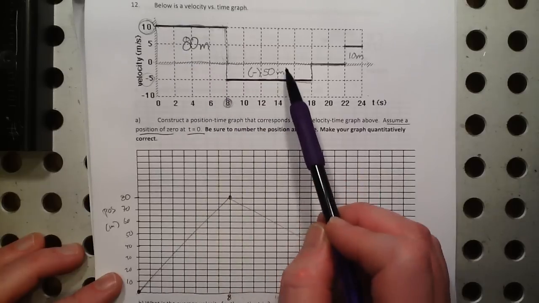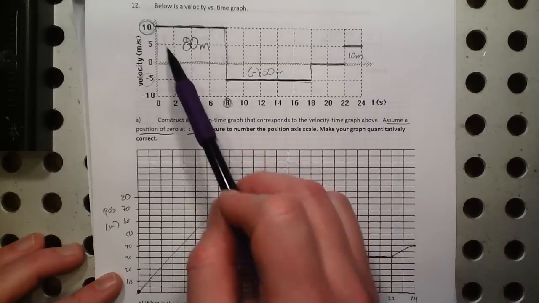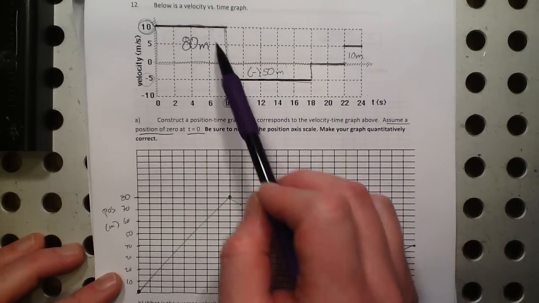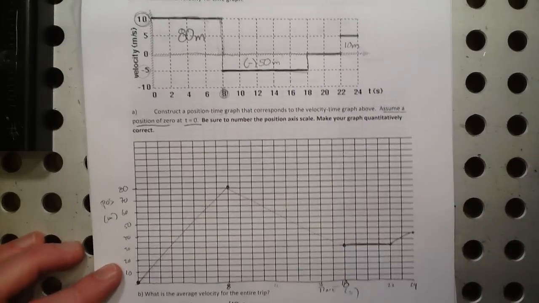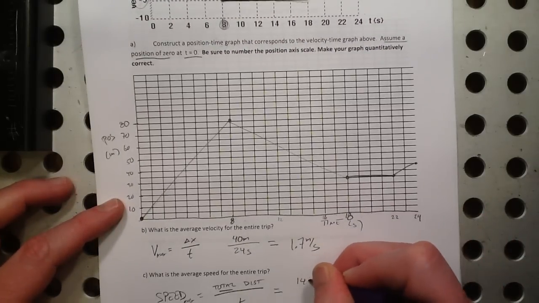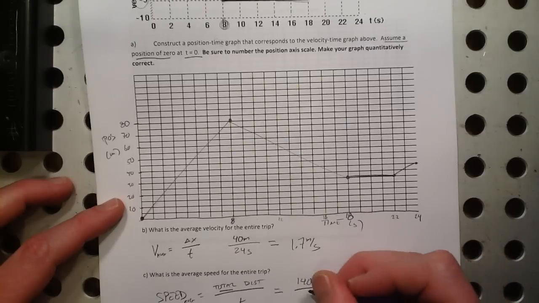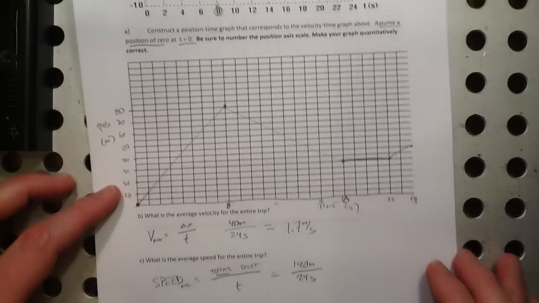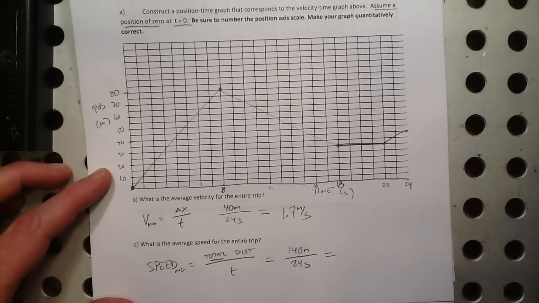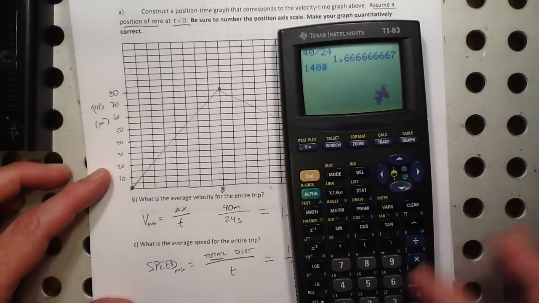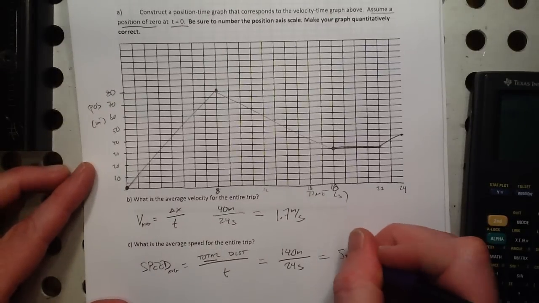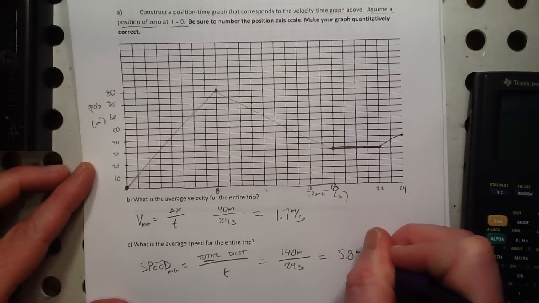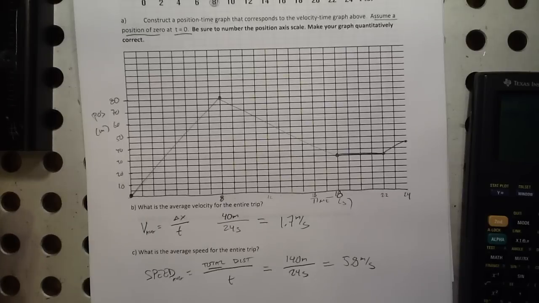So that's 80 plus 50, forget the negative, 80 plus 50 is 130, plus 10 is 140. So that's 140 meters of total distance divided by 24 seconds, and that is 5.8. All right.